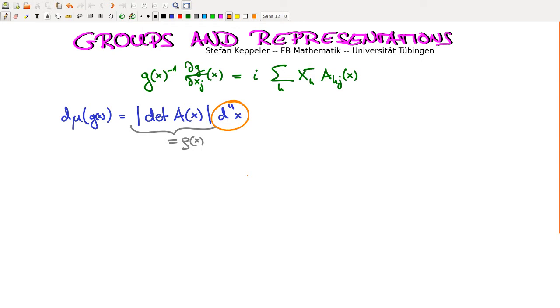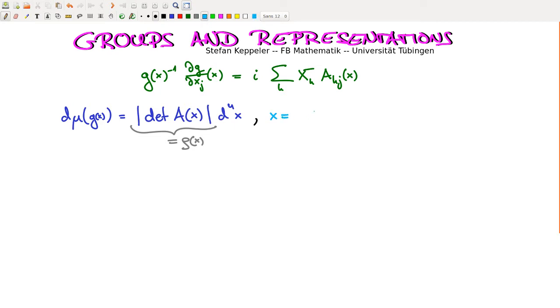N is the dimension of our Lie group and the dimension of the Lie algebra. And at first sight, all of this looks highly coordinate dependent. It depends on how we parameterized our group in the first place. So the first thing we have to check is that it behaves in the right way if you make a change of coordinates.